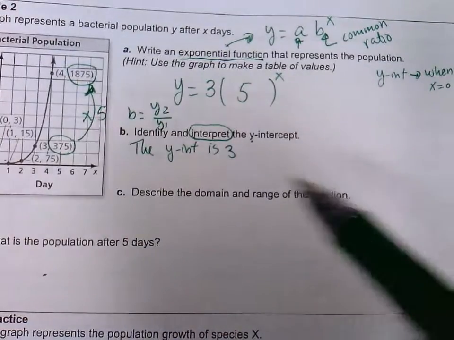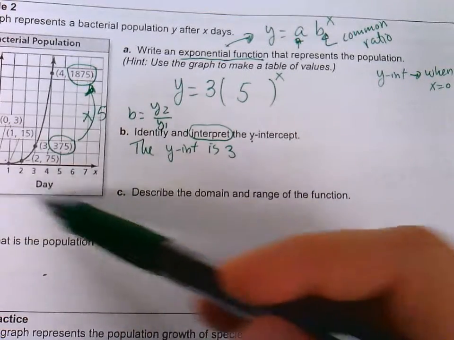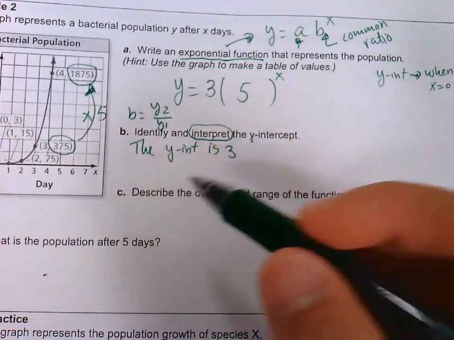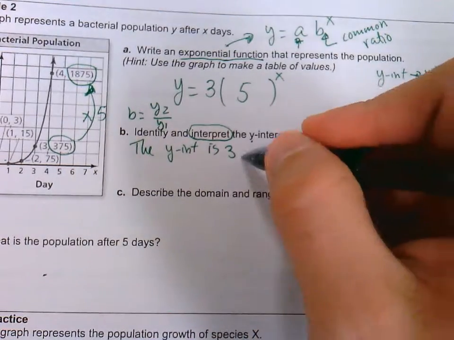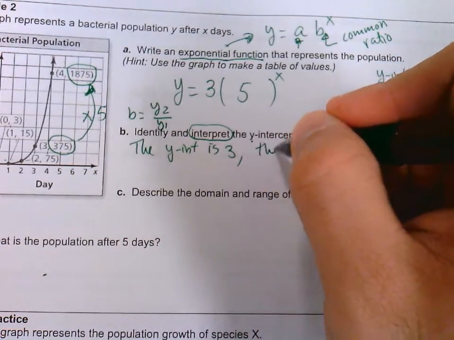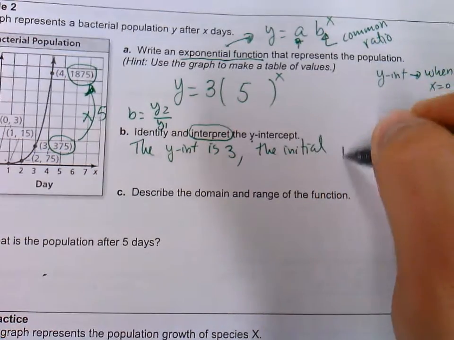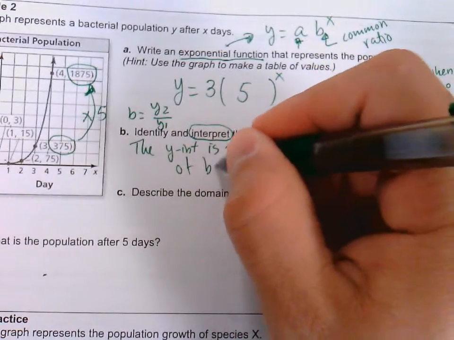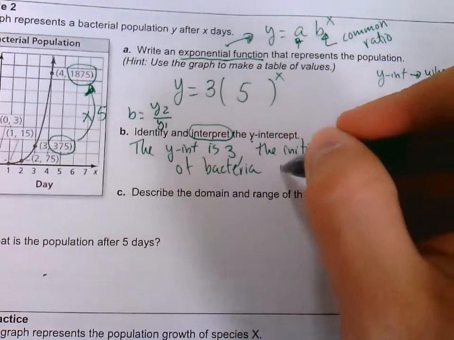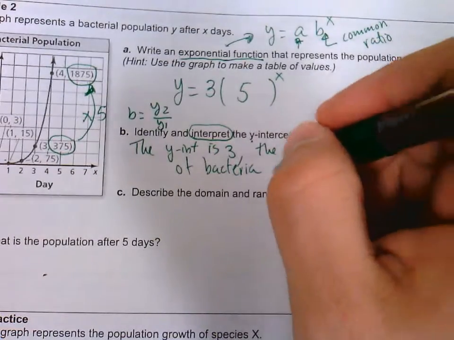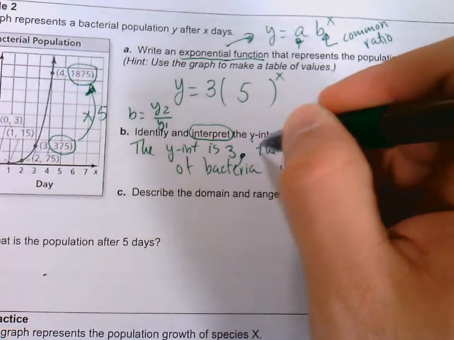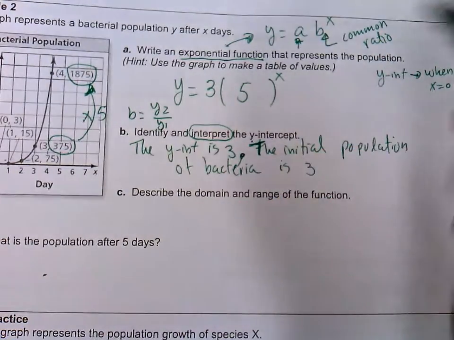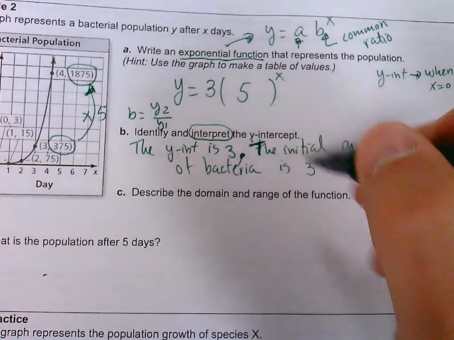So if I'm talking about population of bacteria and days, what that means is that the y-intercept is 3, which means that the initial population of bacteria is 3.